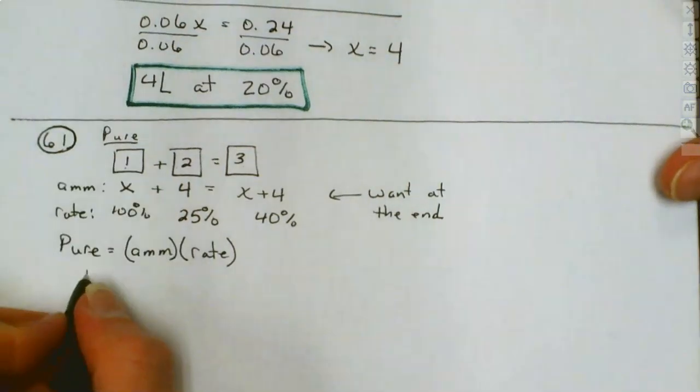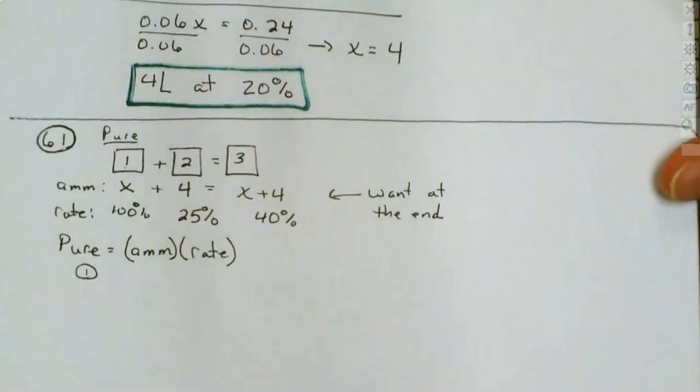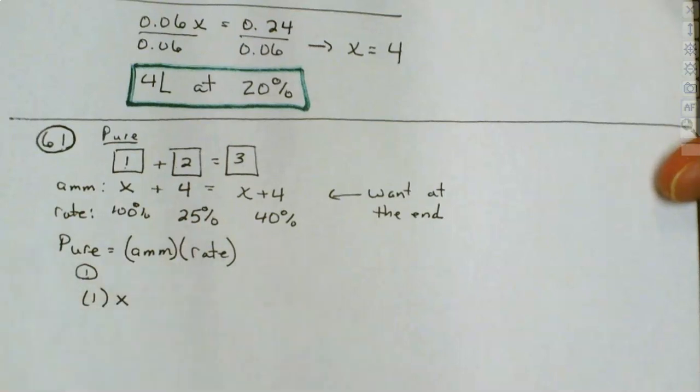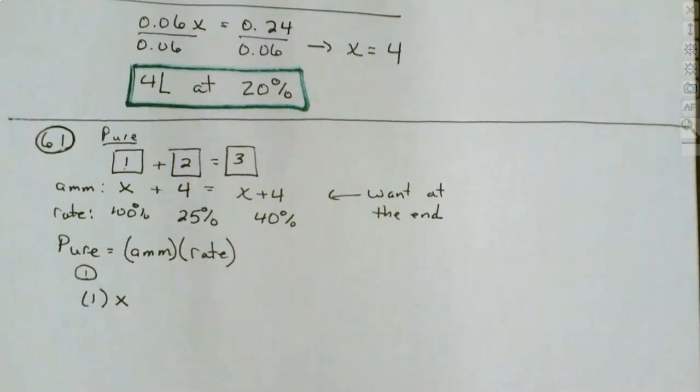So box number 1, the pure dye. When we talk about the pure dye, 100% is 1. Amount is X. You don't have to put the 1 there. The only reason I'm putting the 1 there is so you'll know 100% is what? 1. So that's why it's coming down. If you wanted to just write the X there, that would be okay.